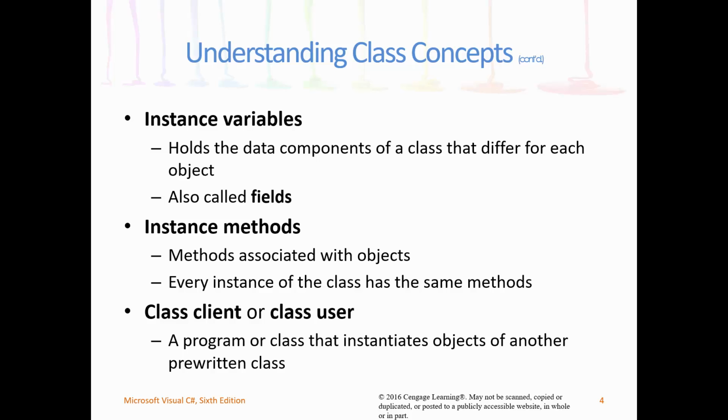Now, each one of those houses could conceivably be a different color. Some might have aluminum siding. All right. Some of them might be red in color. Some of them might be green in color. Some of them might be blue in color.